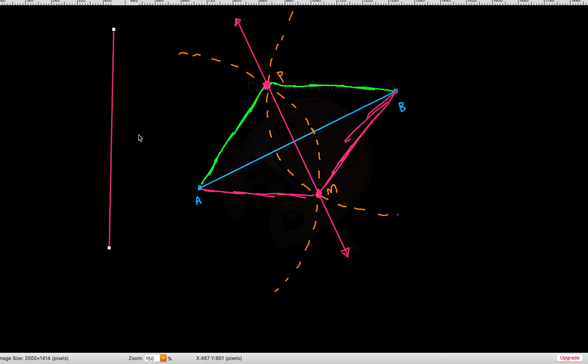So I have my statements and reasons chart, let's say. Statements and reasons. And basically I'm going to write as statement 1 that by my construction, AP is congruent to BP, and AM is congruent to BM.